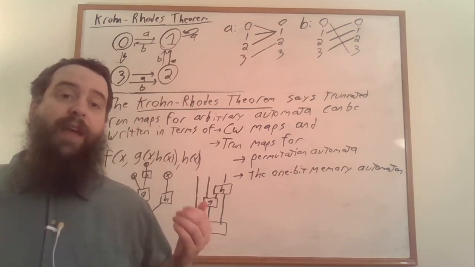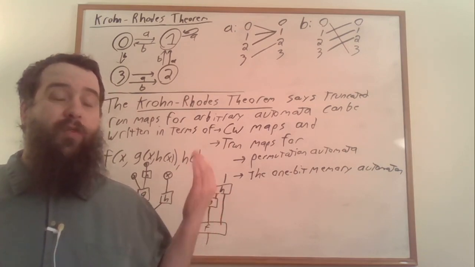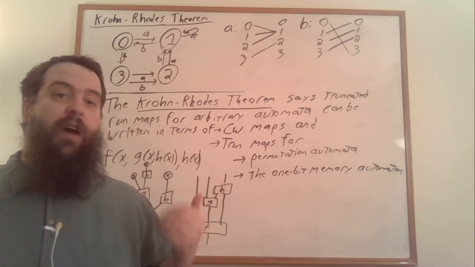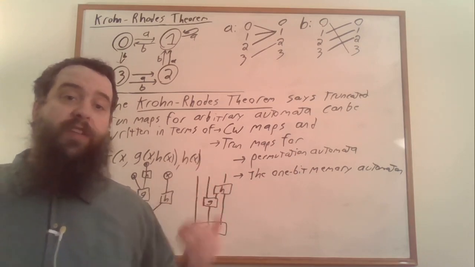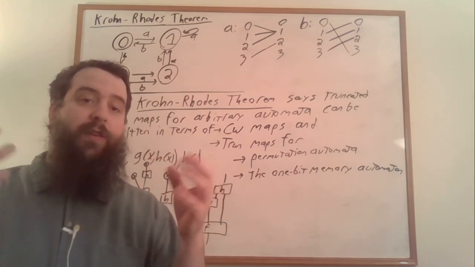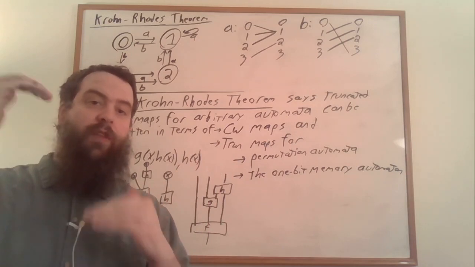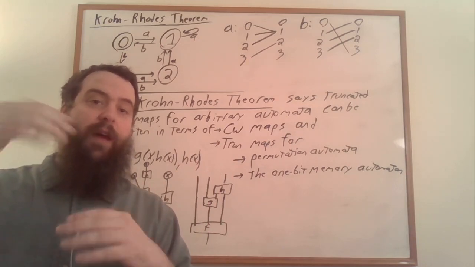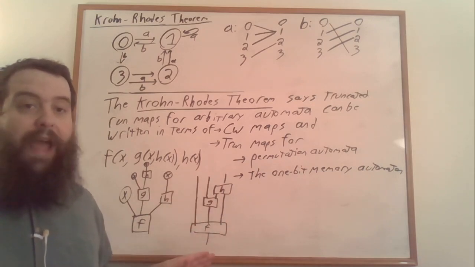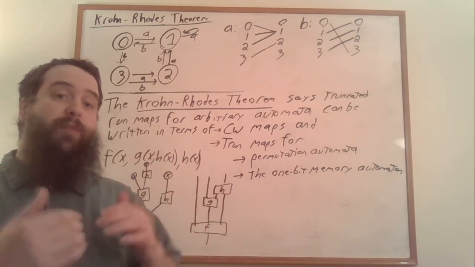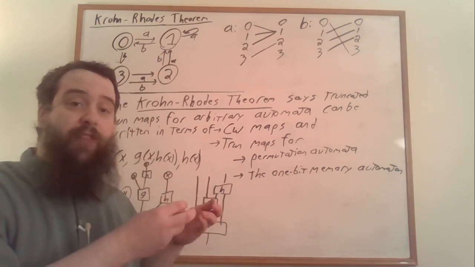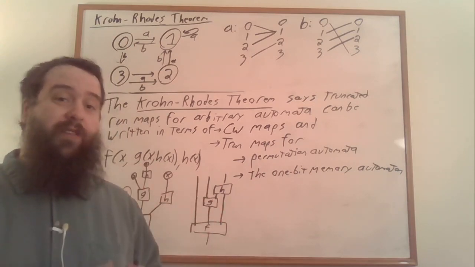And so we'll have a way of writing the truncated run map for our original automaton as a cascaded composition of truncated run maps for permutation reset automata. We've broken down our arbitrary automaton into a bunch of permutation reset automata that are all feeding into each other in this sort of way. Step 3 is going to be to break apart those permutation reset automata into a pure permutation automaton and a pure reset automaton.